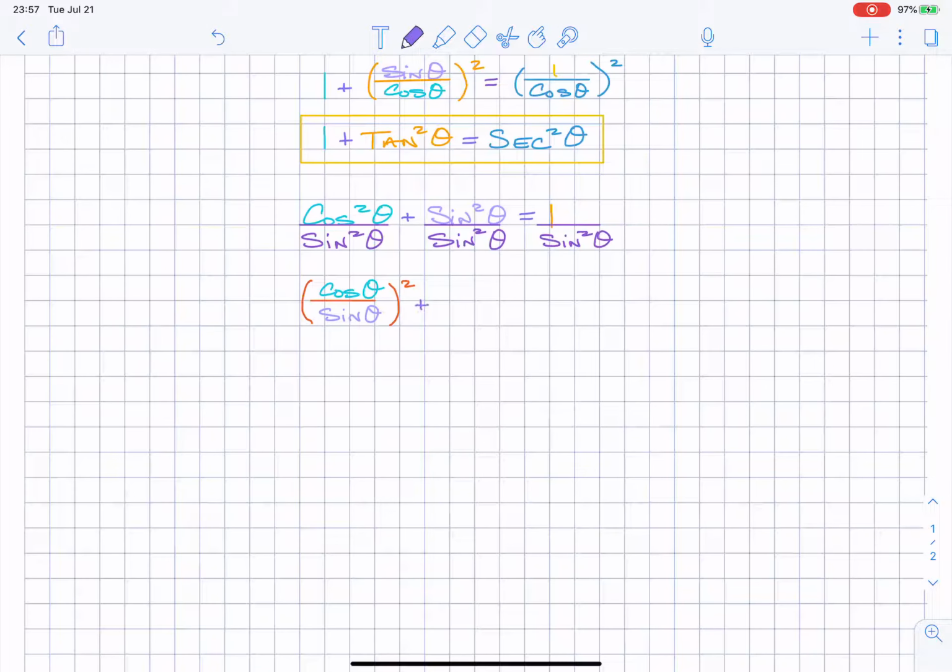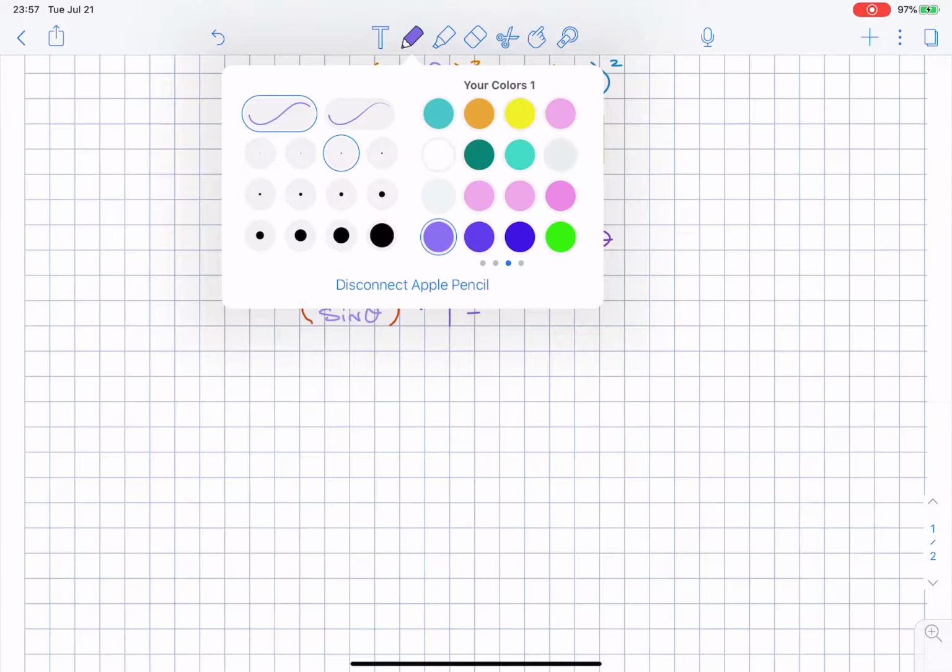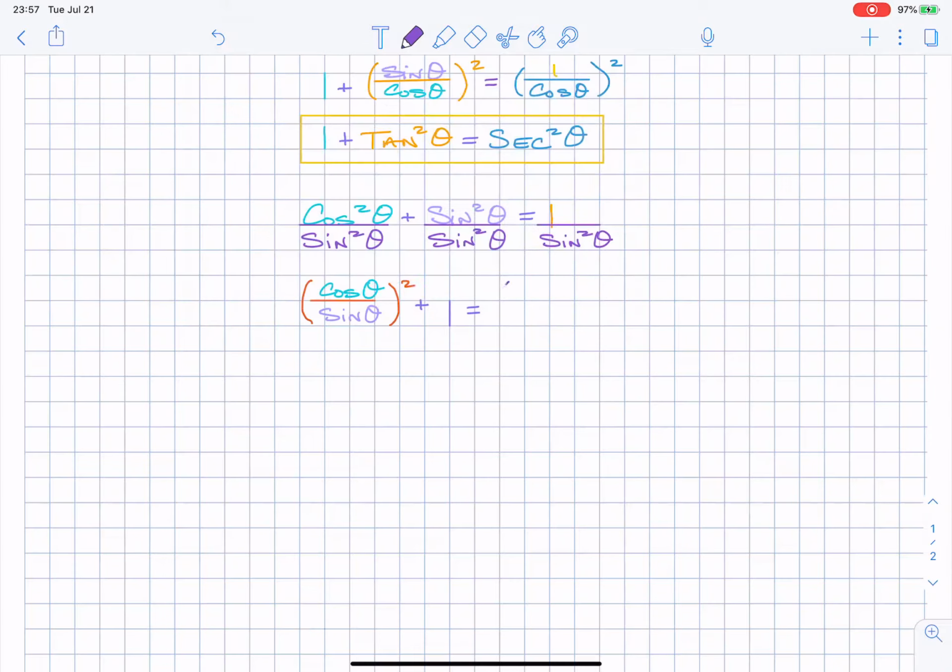Plus, sine over sine, or anything divided by itself, is just 1. So this will be equal to the quantity 1 over sine of theta all squared. Get that 1 in there.